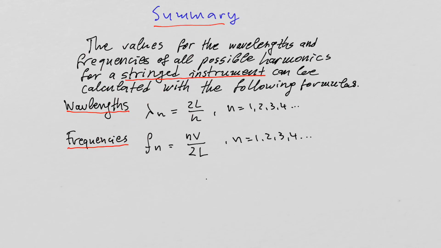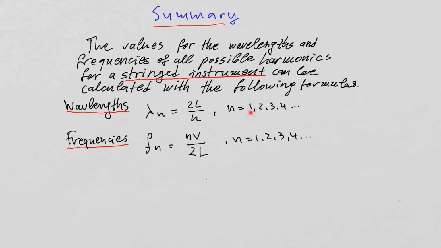So now we can summarize these results to write 2 general formulas for the wavelength and for the frequency of any harmonic that can be generated on a string with length L. And so the wavelength of any harmonic is calculated as twice the length of the string divided by this number n, where n corresponds to the harmonic in question.